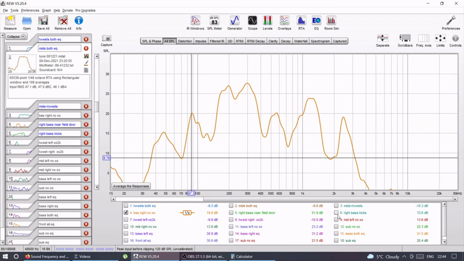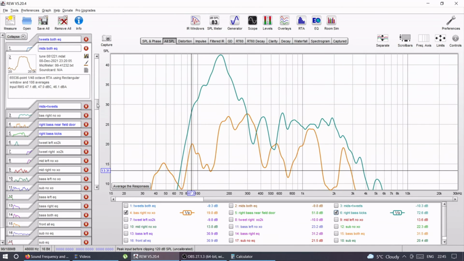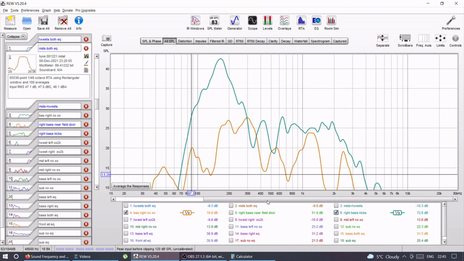One place is to put it in the kicks. Yeah, so this is my response of the same driver, just moved to the kicks, and as you can see, I moved it maybe a foot, maybe less, in front of the kicks, and the frequency response is totally different.